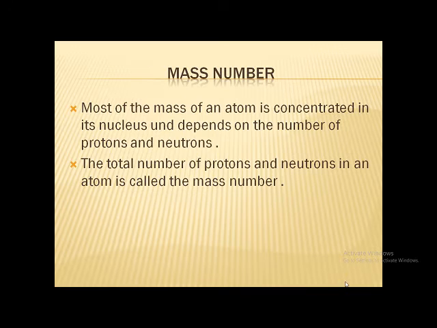So what about the mass number? In the first part of this lesson, we said that the mass number is the number of protons, with this charge, and the number of neutrons, and it's neutral.